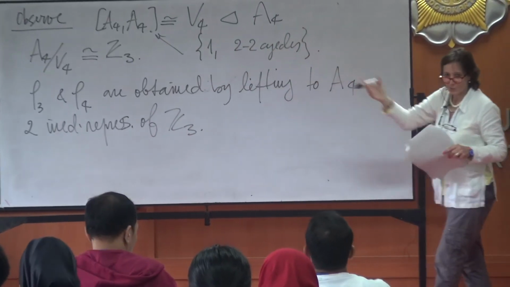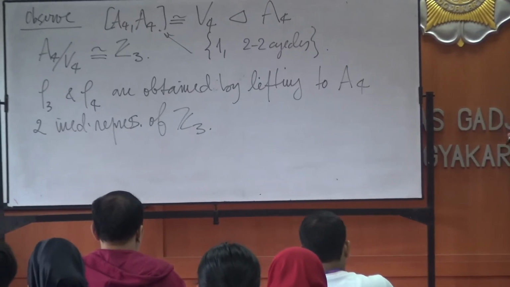Clear that they are a normal subgroup because cycle type is preserved by conjugation, right?